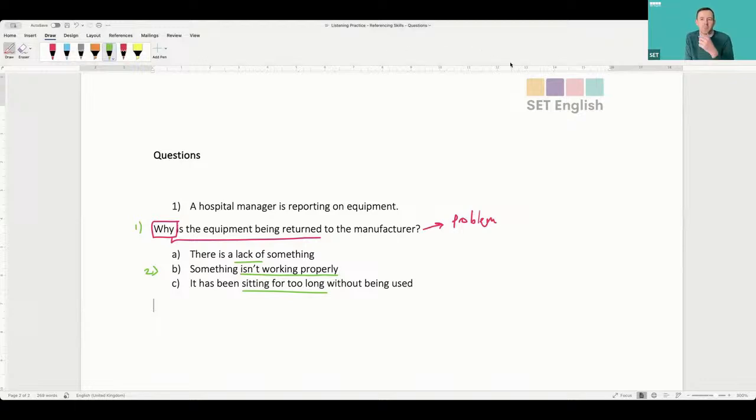Let's bring out the poll. Here's the poll. A, B, or C? What do you think? A nice American accent for you there, guys.